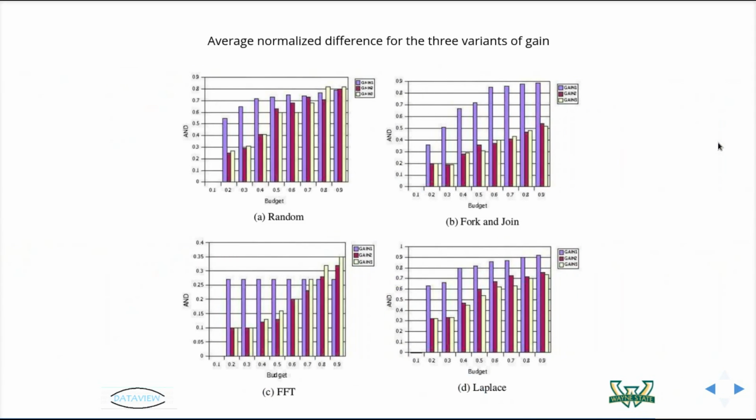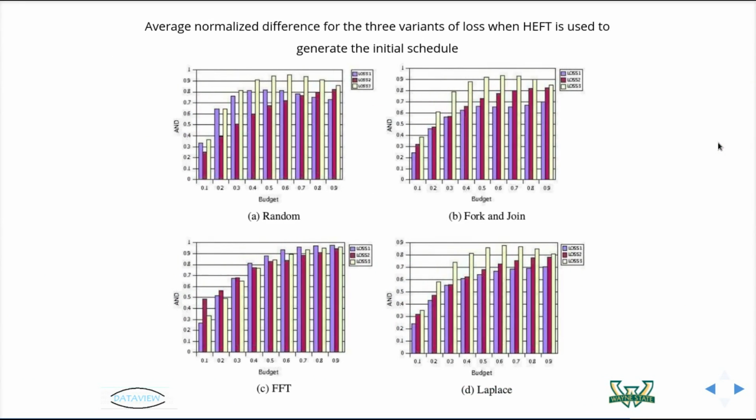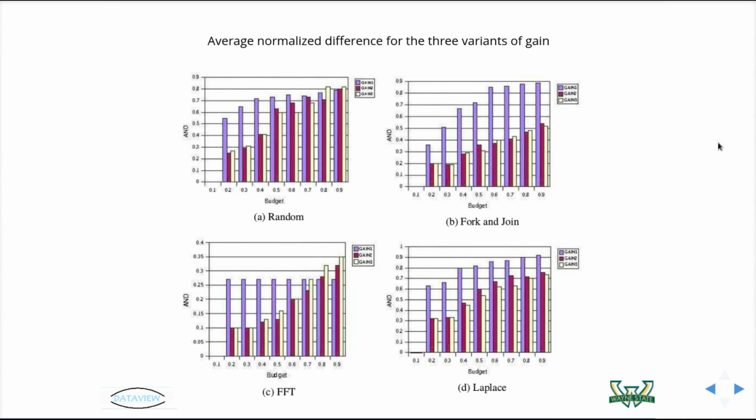And on this page we have the average normalized difference for the 3 different variants of gain, and as we can see, loss has better makespan than gain, and they are much closer to the baseline because loss starts with a DAG scheduling heuristic, which already produces a short makespan, but gain starts from the cheapest assignment whose makespan is long. However, as we can see, the budget is close to the cheapest budget.